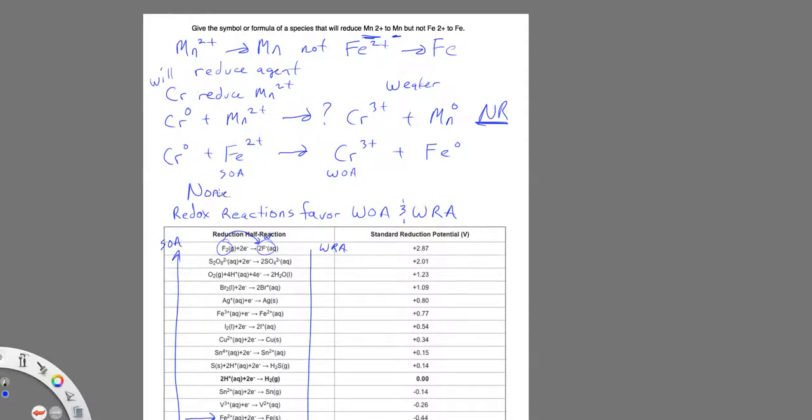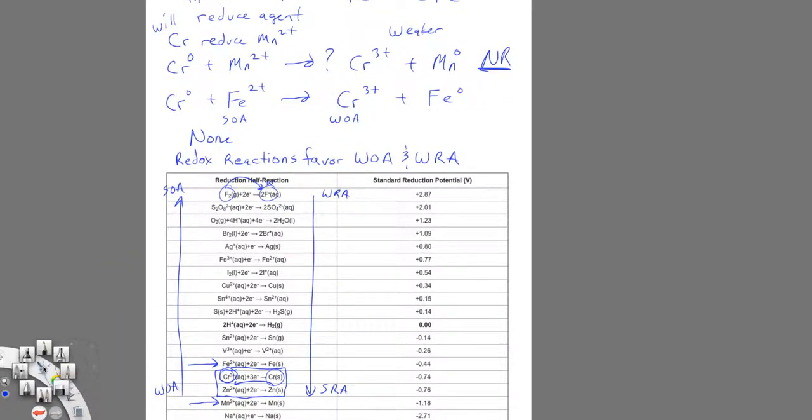There is nothing that will do that, because manganese 2 is a weaker oxidizing agent than iron 2, which means that manganese metal is a stronger reducing agent than iron metal. So anything in between would oxidize iron, but not manganese.